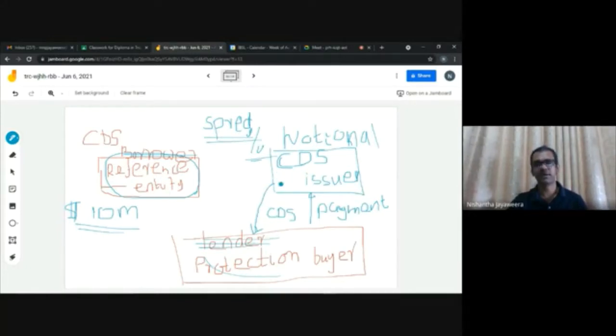Meantime, they buy protection from the CDS issuer, paying that premium. But again, this product can be used to speculate without any exposure towards this reference entity. Protection buyers or participants in the market speculate on the reference entity and start buying CDS.